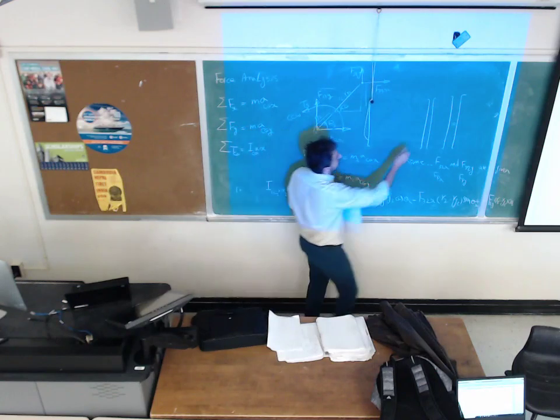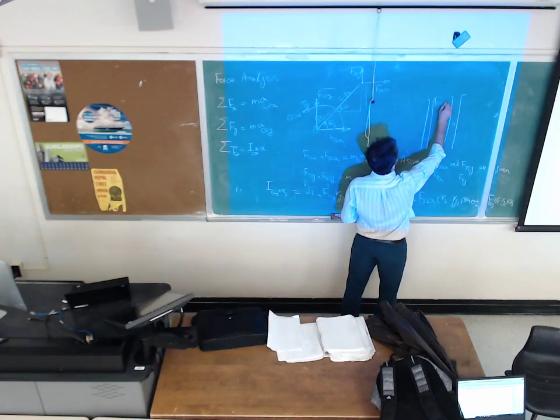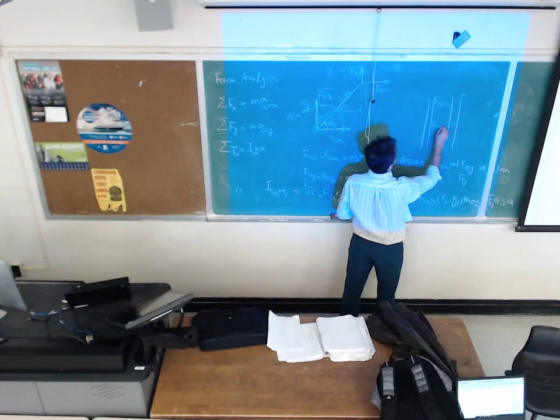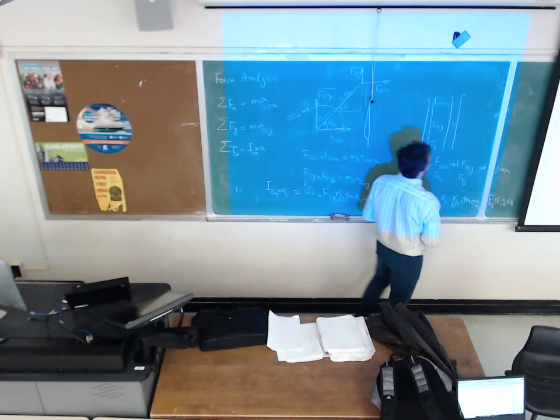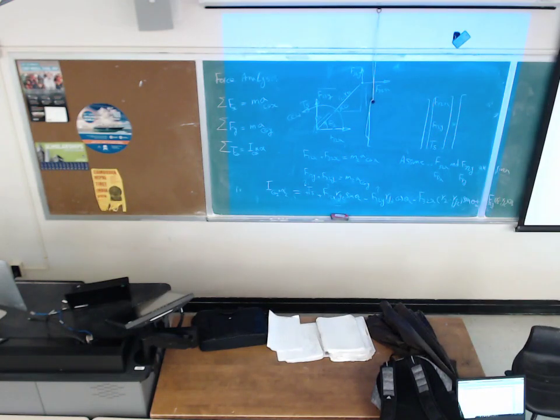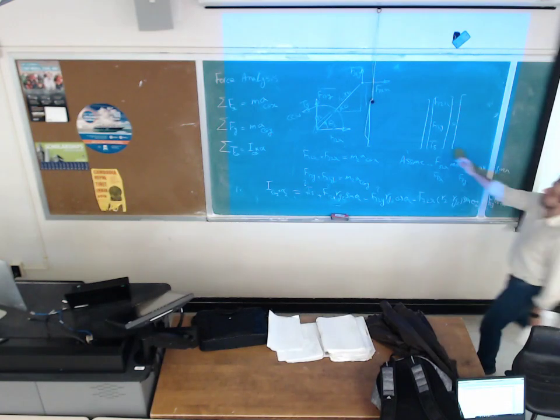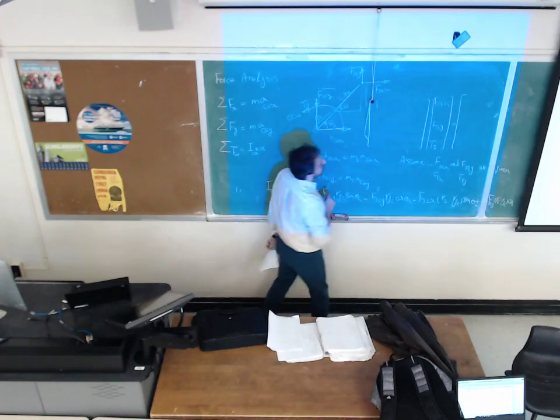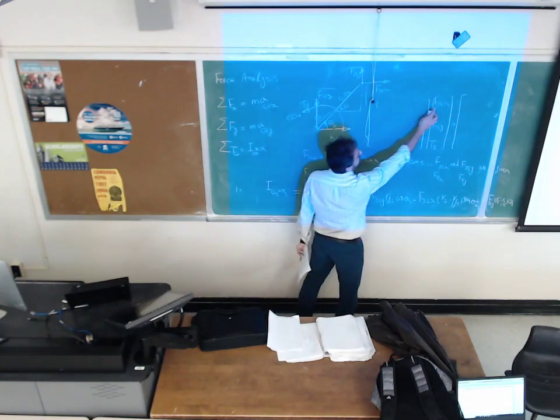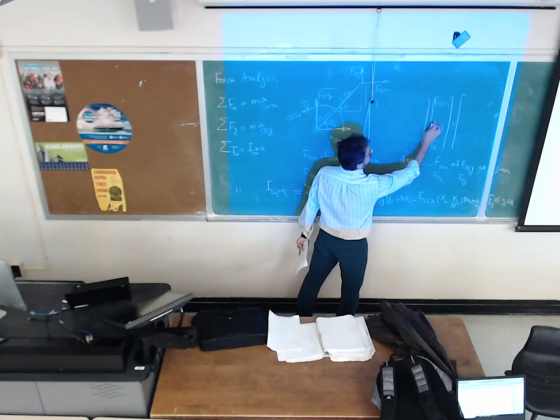I start from the first equation. What would be the coefficient of F12x? It's 1. So the first cell, corresponding to the first equation, is going to be 1. And in the first equation, the coefficient of F12y is 0. We don't have any F12y, and we don't have TS.